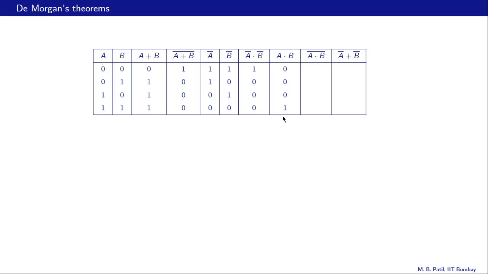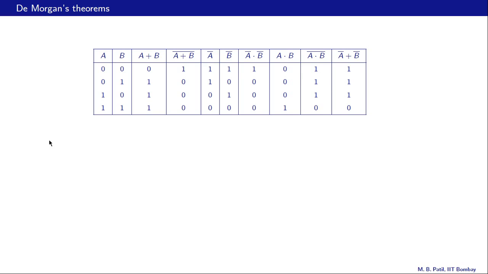Just the inverse of this column. So 1, 1, 1, 0. What about A bar plus B bar? This would be 0 only if A bar is 0 and B bar is 0. And when does that happen? That happens here. A bar is 0 and B bar is 0. So it would be 0 here and 1 otherwise.